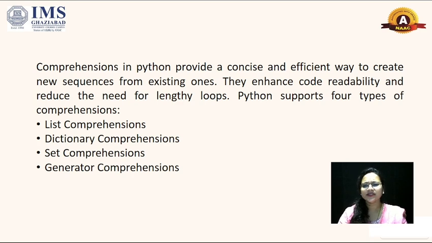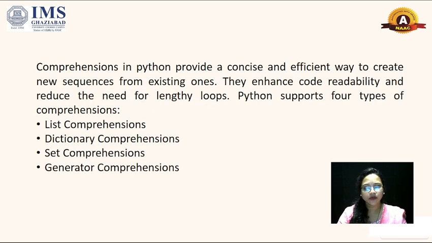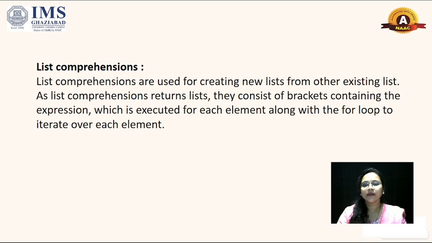So let's see what is the meaning of comprehension, and in this video I am particularly going to discuss list comprehension. As you can see, there are 4 types of comprehension, but here I am going to tell you about list comprehension. List comprehension is used for creating a new list from another existing list.